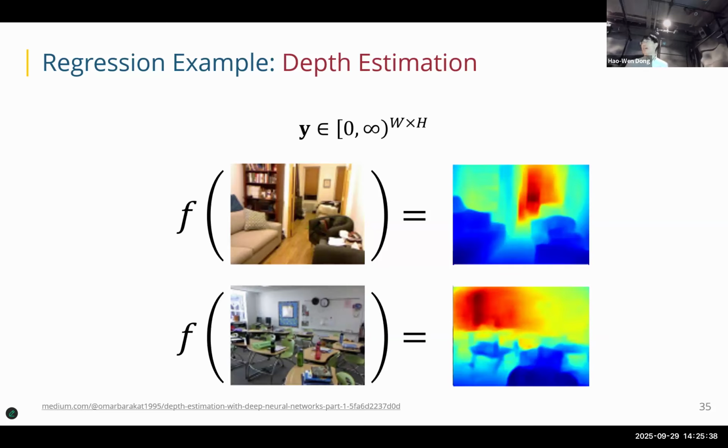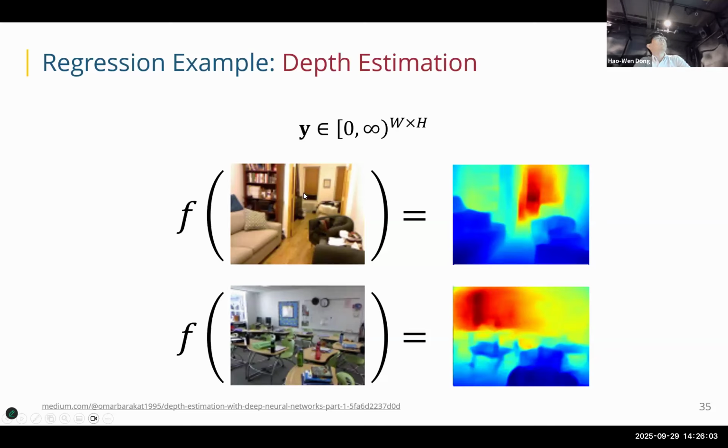Think about depth estimation, where we want to look at an image and then we want to see, for each single pixel, what would be the estimated depth. So in this case, it's actually doing regression on each single pixel. There are W times H pixels, and we want to estimate the depth for each single pixel.